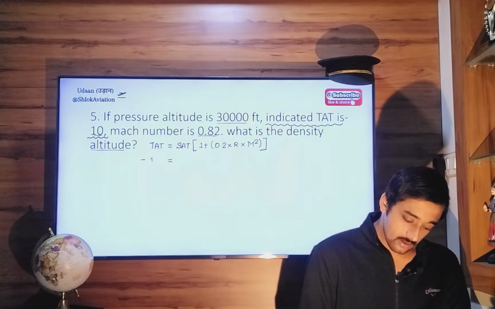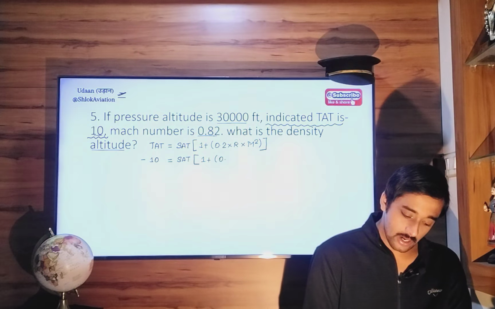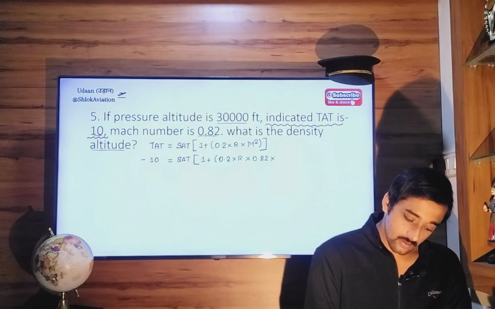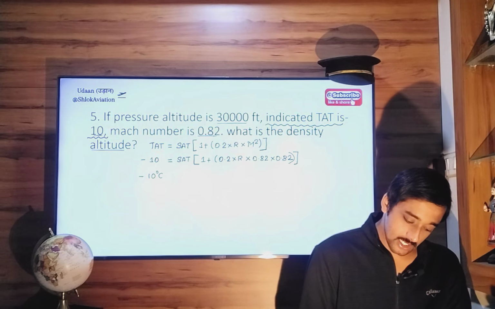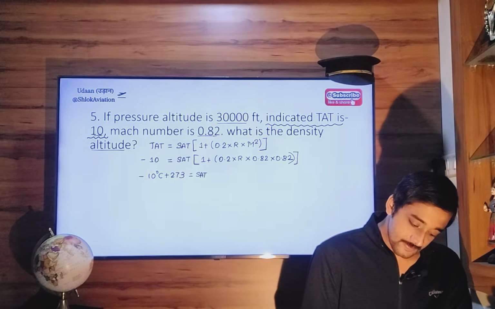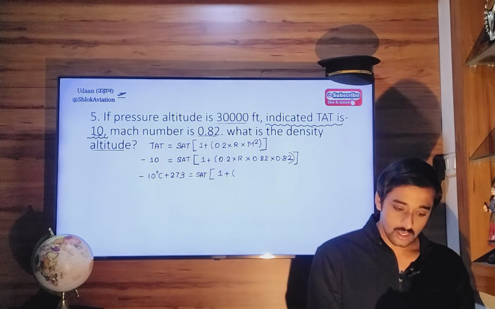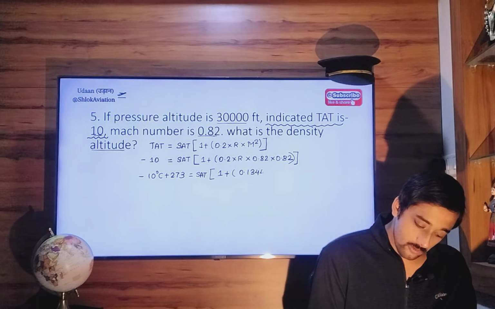So let's write that down. 1 plus 0.2 into recovery factor into Mach number 0.82. So minus 10 degrees Celsius plus 273, because we want a final answer in Kelvin, is equal to 1 plus 0.2 into 0.82 into 0.82, that is equal to 0.13448.